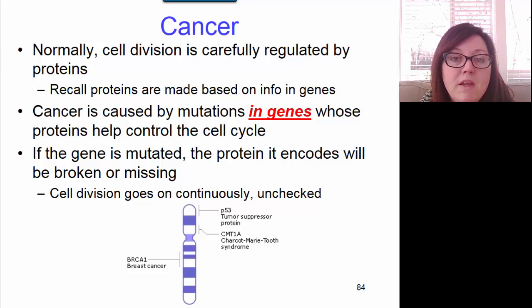Now, there are many genes that can be involved with cancer other than p53, right? But again, what's happening here with cancer is that the genes for proteins that regulate the cell cycle have become mutated. And now we've lost the ability to regulate the cell cycle, and cells replicate in an unrestricted, unrestrained manner.